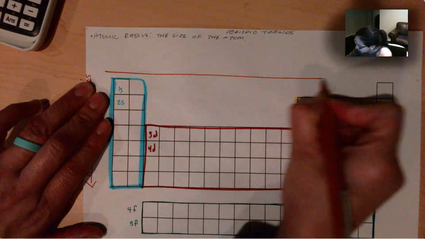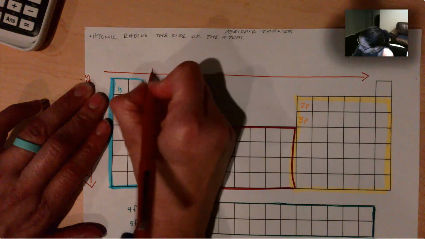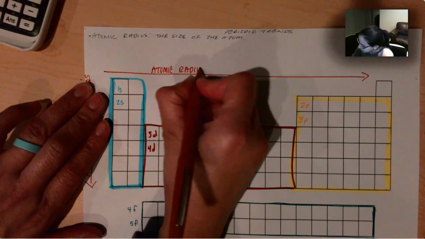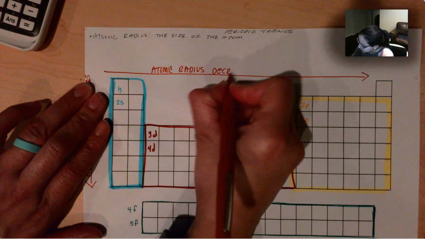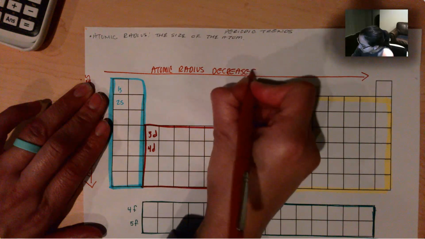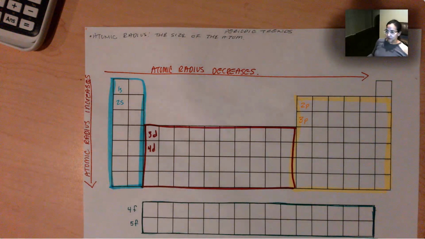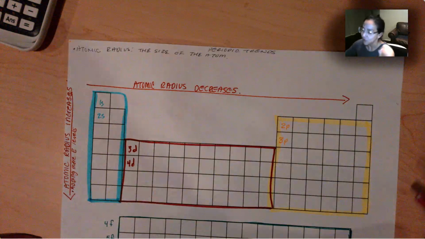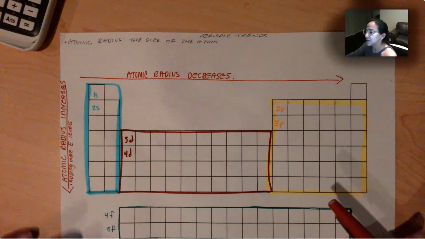We understand why it increases going down: we're adding more energy levels. But why is it decreasing going across if we're adding more protons and more electrons and whatnot?